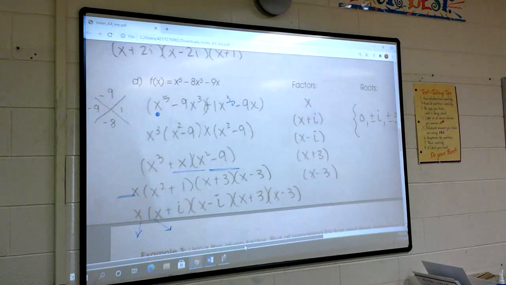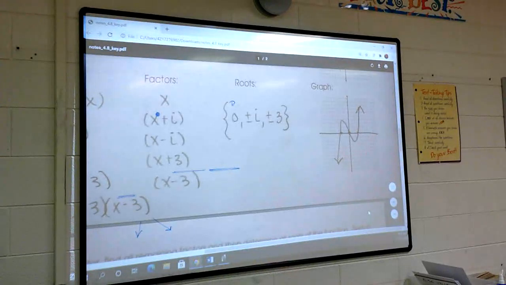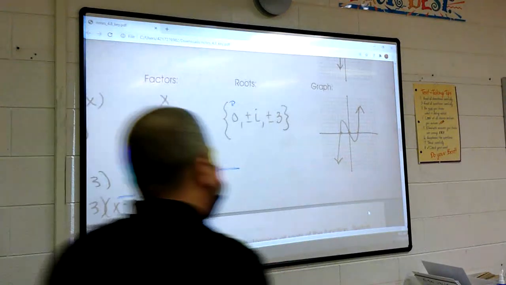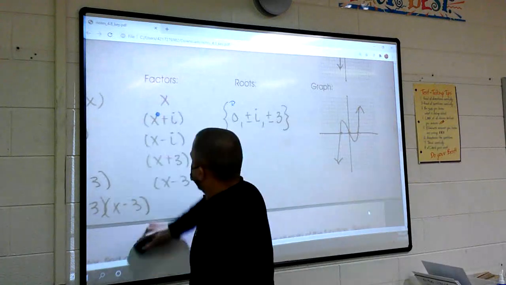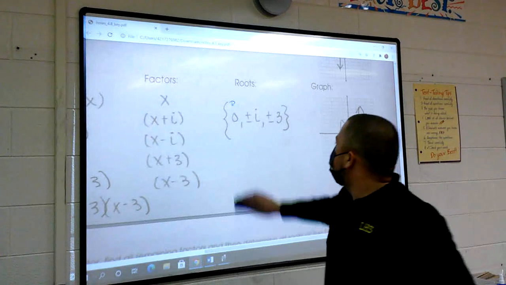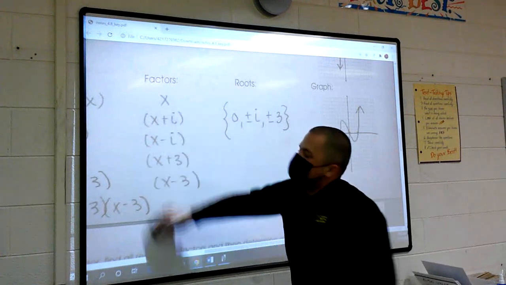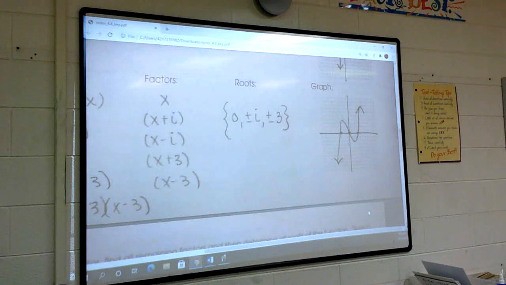All right, so here is the important thing. For factors, you're not going to have to know the ones that say i. You're just going to have to know where it crosses. So you're going to type in x to the 5th minus 8x to the 3rd minus 9x.